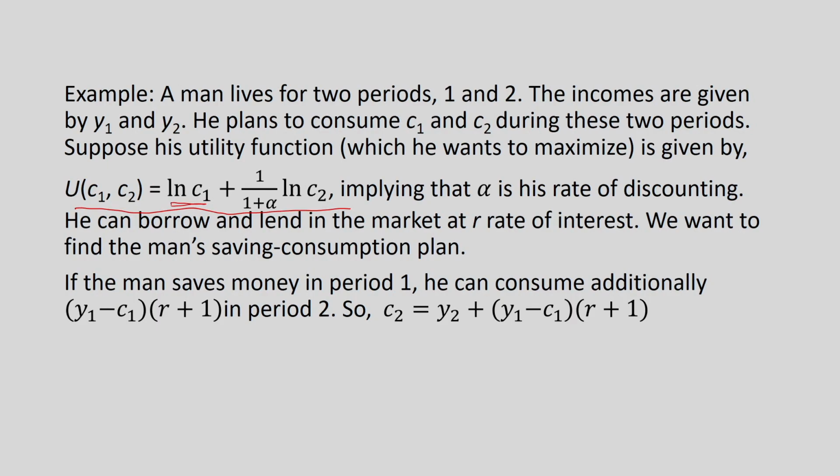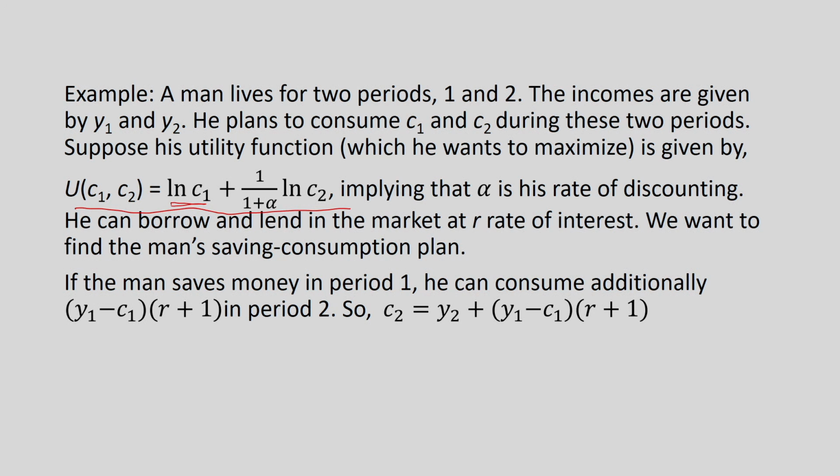He is taking this period's utility and the next period's utility, but as we know, future values have to be discounted. So, his rate of discounting is given by alpha, which is why he is multiplying the log of C2 with 1 divided by 1 plus alpha. The idea of discounting we have talked about before, so I am not going to spend time on that.